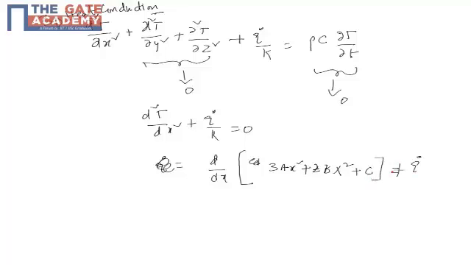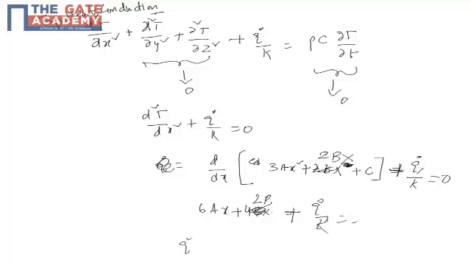If you take another derivative, it is 6ax plus 2b, because when you take the derivative of bx square it was 2bx, so the second derivative becomes only 2b. Plus q dot by k is equal to 0.